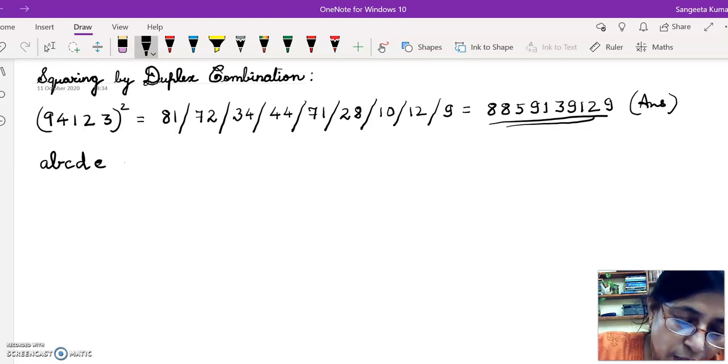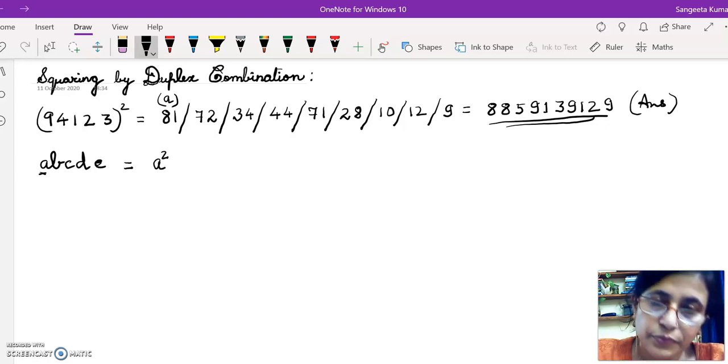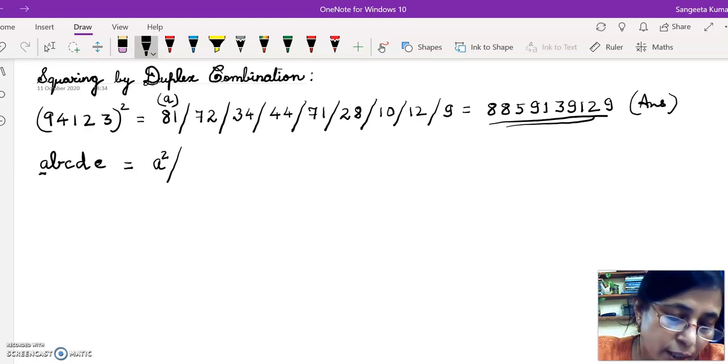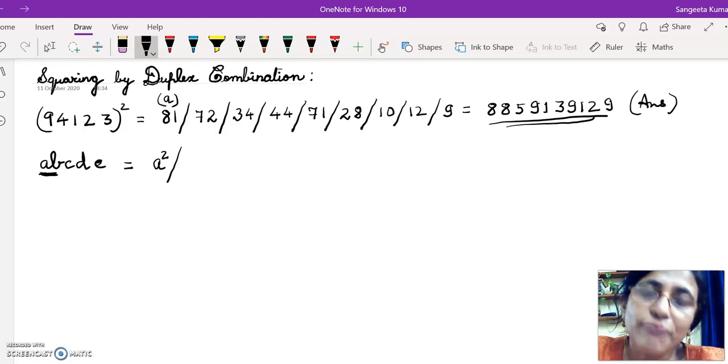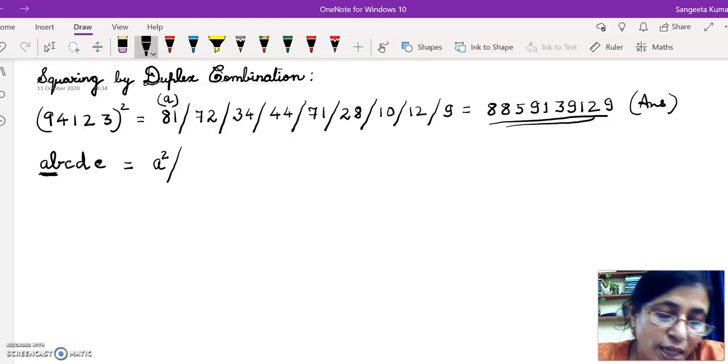So the formula, the technique is, first we take the first digit A. This 81 is nothing but A, and we take the square of it. The second part we get by taking the first 2 digits, A and B together, and we find the duplex of A and B. What is duplex?